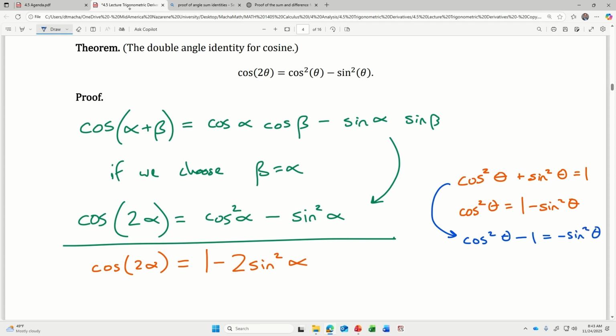So if I add that here instead of having the negative sine, I could also write that cosine of 2 alpha is equal to cosine squared plus cosine squared minus 1, which would give me 2 cosine squared minus 1. So there's three identities that you often see as the double angle identity for cosine. Sometimes you see this one, sometimes you see the one in orange, and sometimes you see the one in blue. It depends on what you're trying to accomplish with your trig identities here.